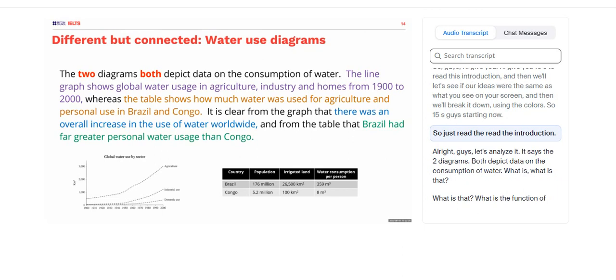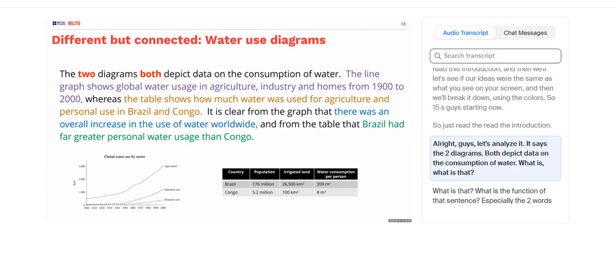So just read the introduction. All right, guys, let's analyze it.